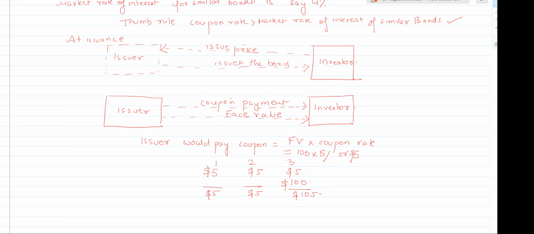Guys, please remember, the issuer will not pay the issue price of the bond to the investor at maturity. We do not pay the issue price. The issuer would repay the face value, right? It would not repay the issue price to the investor at maturity. This is a very important point. The issuer would repay face value and not issue price to the investor at maturity.